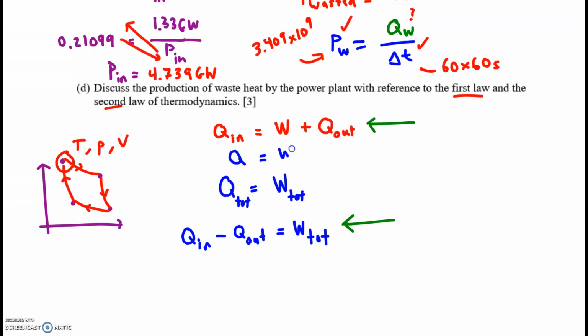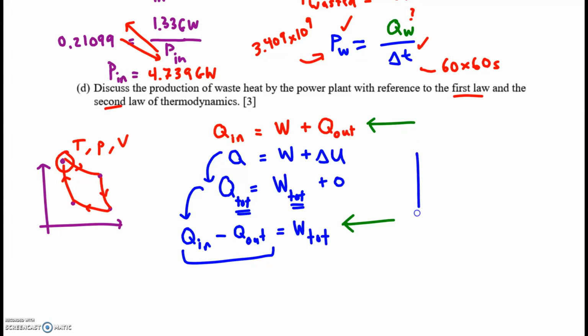We started out with the first law of thermodynamics. And then we said there is no delta U. We applied it for the entire cycle. And then by the time we got down to here and plugged in for the total heat, in a heat engine, the total heat, there's some input and there's some output. So in this process, we transformed from the first law of thermodynamics to the second law.